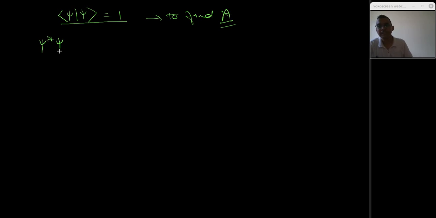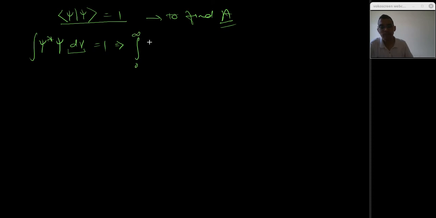That means the integral of psi star psi dv is always equal to 1, where dv is the small volume element, meaning I am integrating over the available volume.